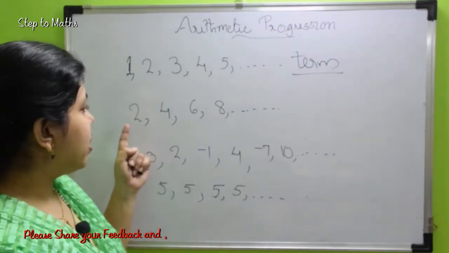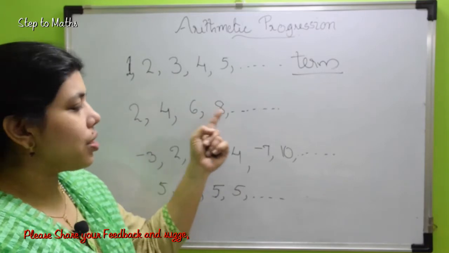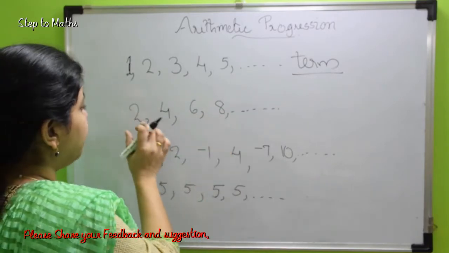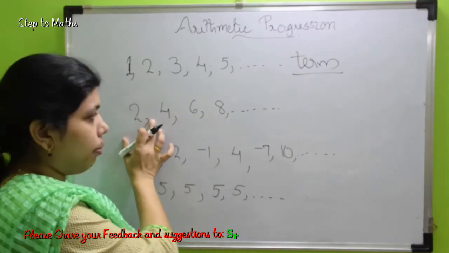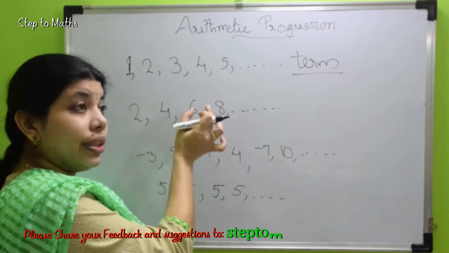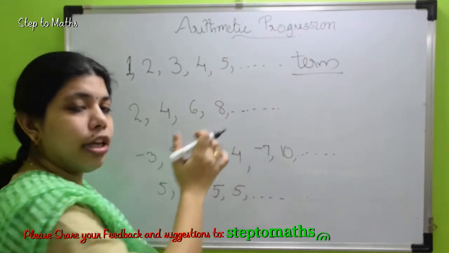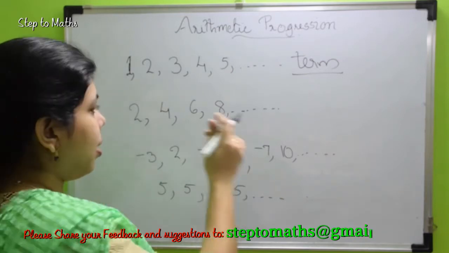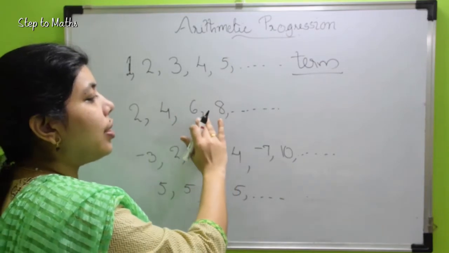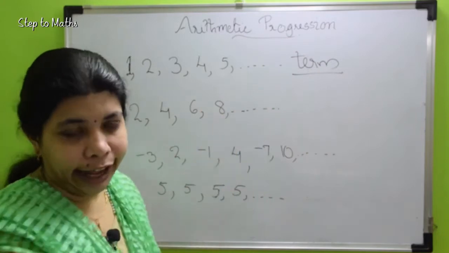Consider the second sequence, 2, 4, 6, 8. Here 2 is the first term, 6 is the third term, 8 is the fourth term. Each number in the sequence is known as a term.